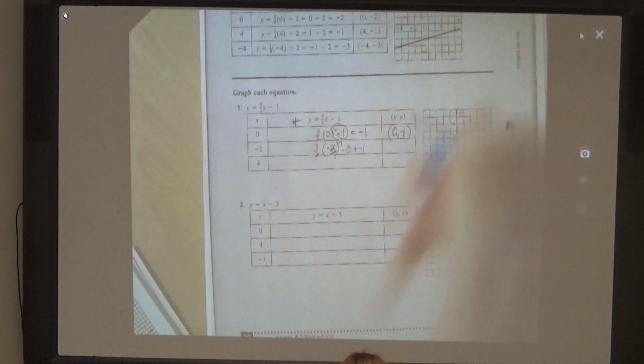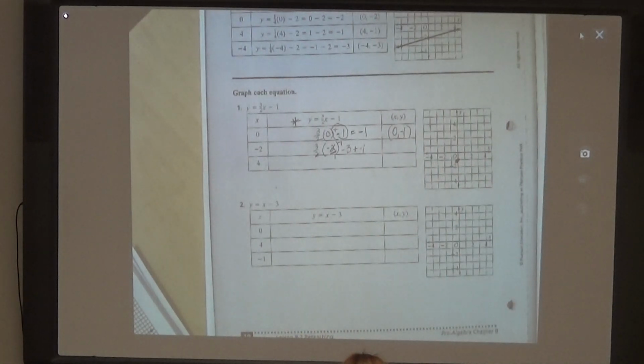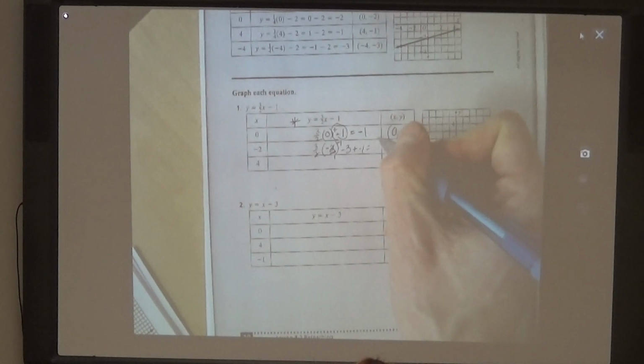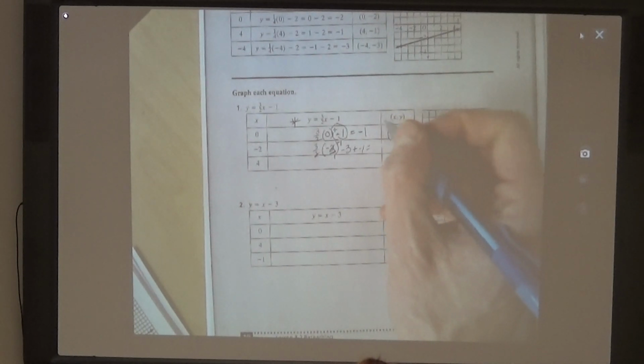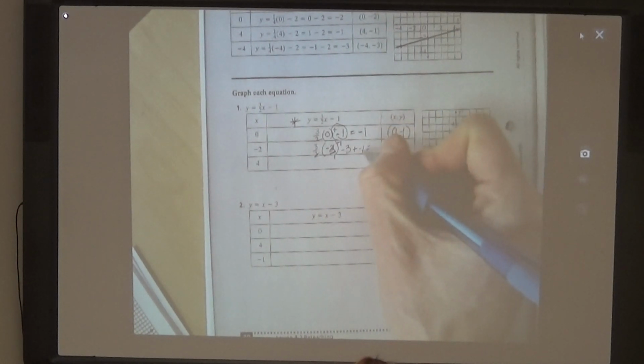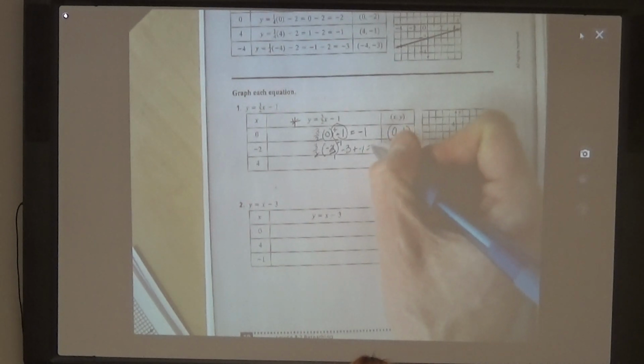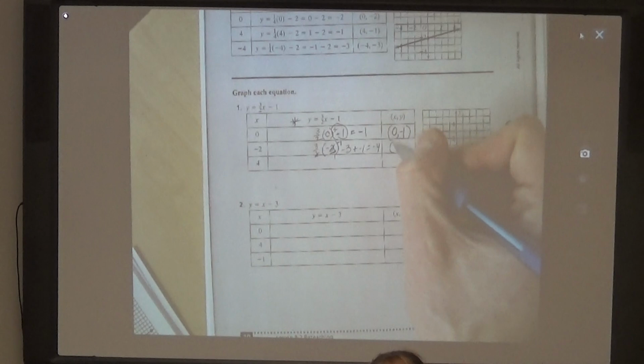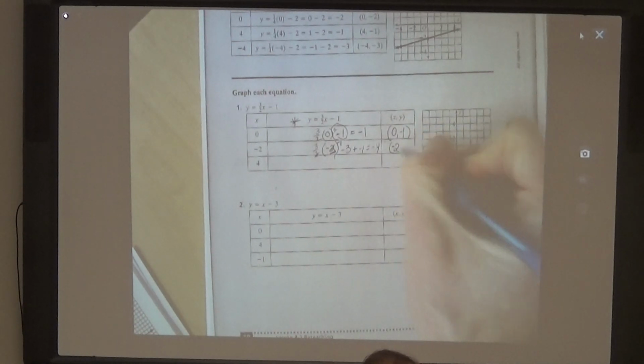So what is the y value then? Negative 3 plus negative 1. Negative 4. So it's the 2 numbers together. What ordered pair do we have now?